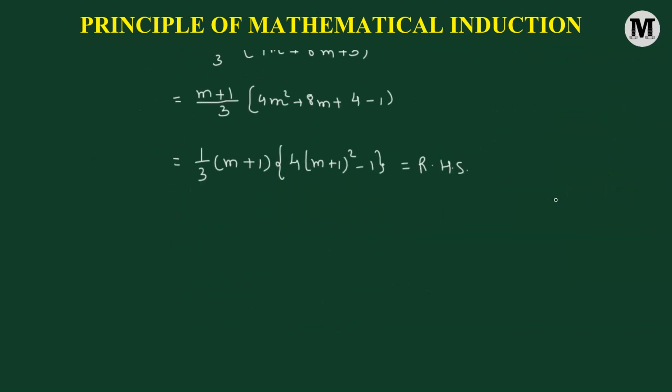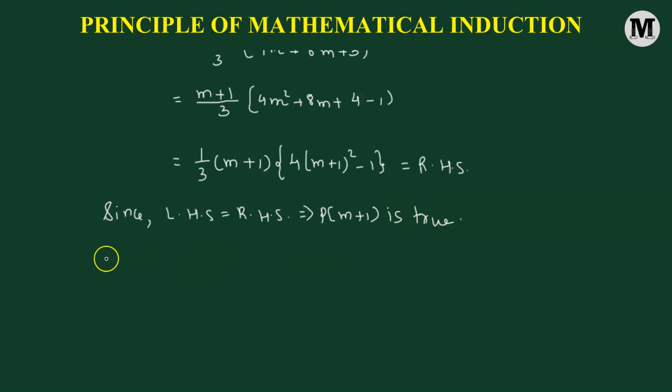Okay, so we have been able to show that since the left hand side equals the right hand side, this implies that the statement we have considered, P(m plus 1), is a true statement.